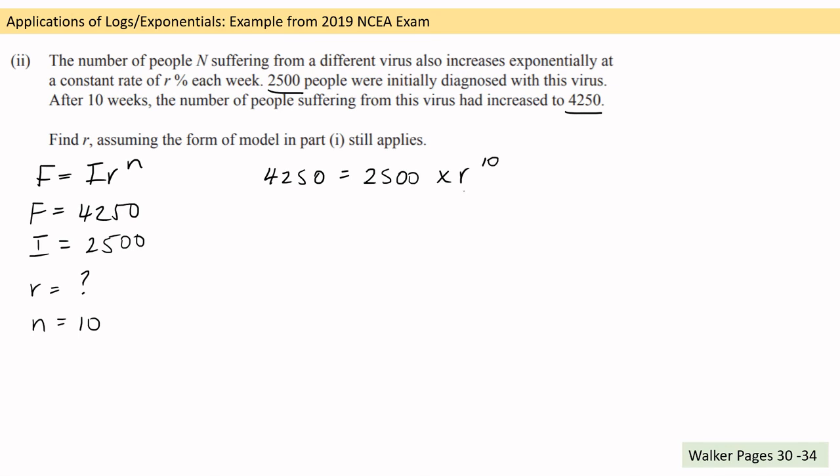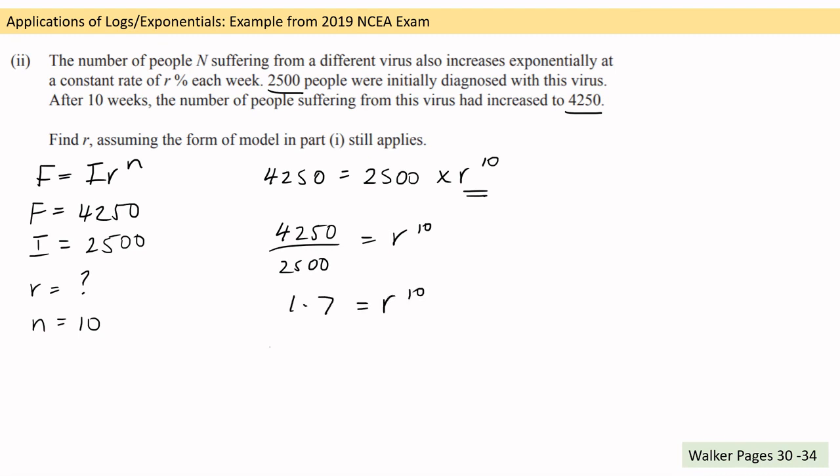All right, to get R by itself over here, we need to divide both sides by 2,500. Okay, and we get 1.7 equals R to the power of 10.